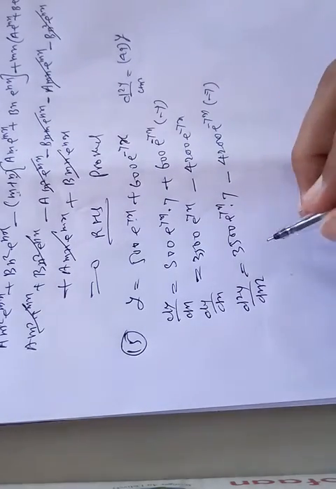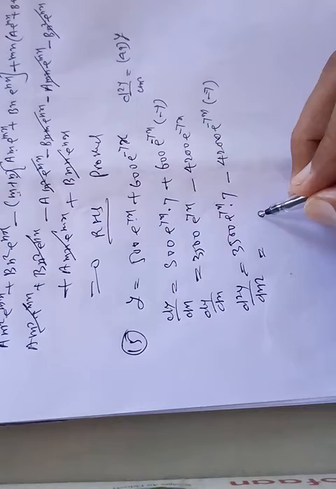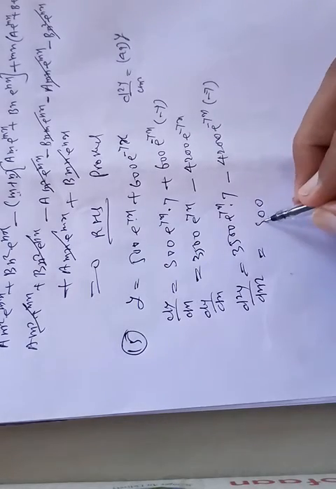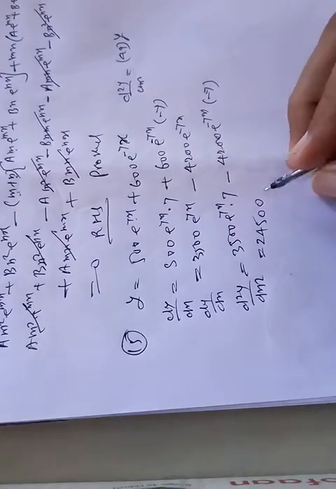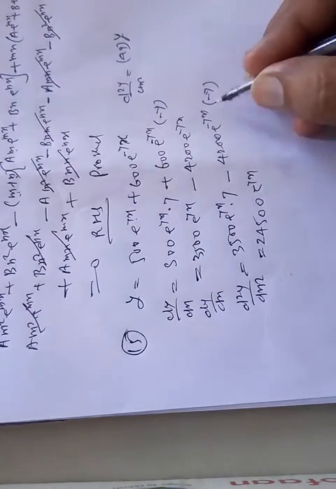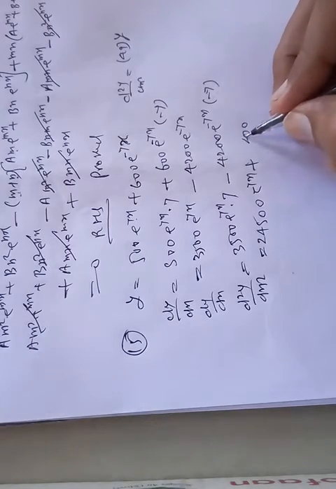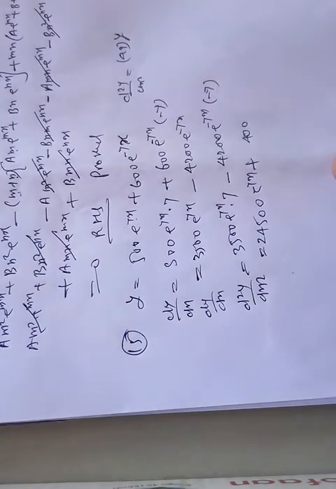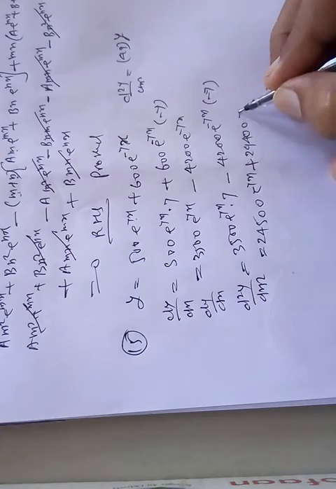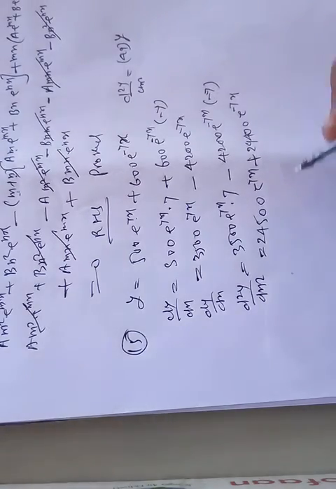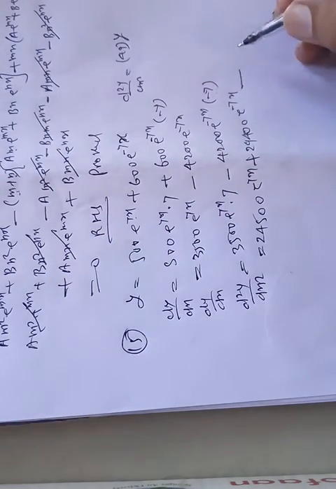So this equals 24500 e^(7x) plus 29400 e^(-7x). This is d²y/dx².